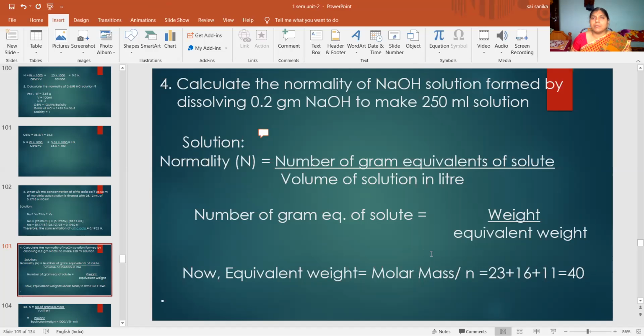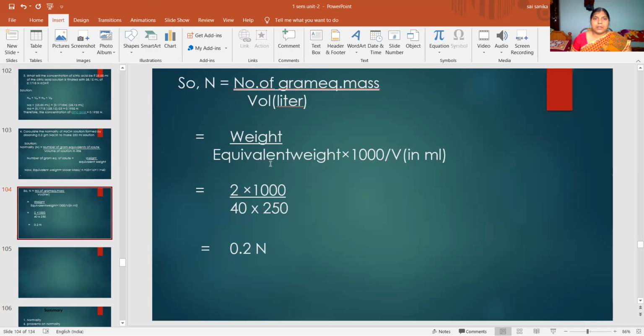Gram molecular weight by its acidity, so that is 40. So weight by equivalent weight, into 1000 by volume in ml. So what will we get? 2 by 40 into 1000 by 250, 0.2. This is all just for writing, no need of writing.